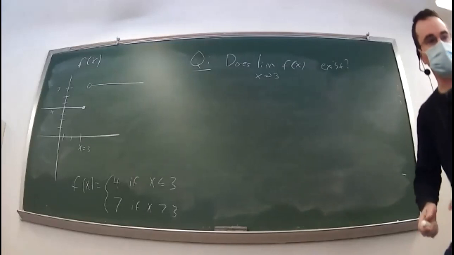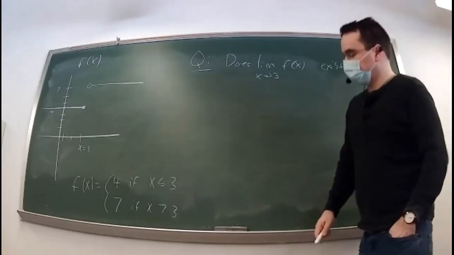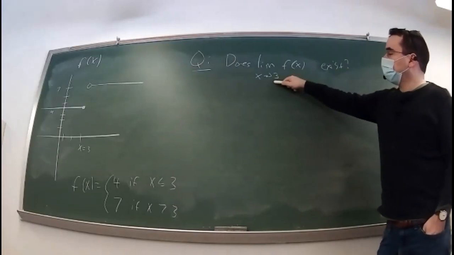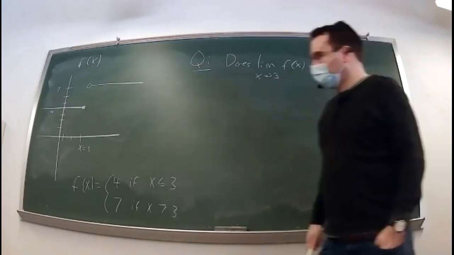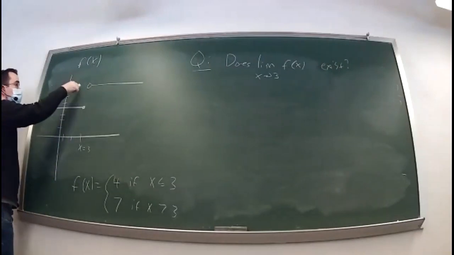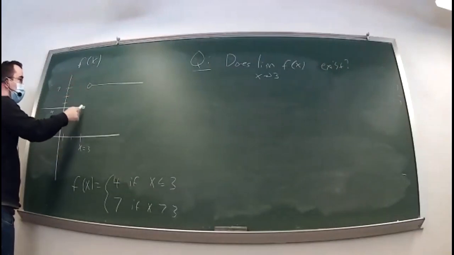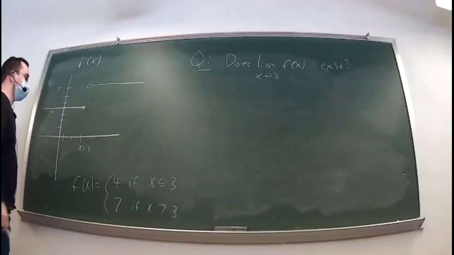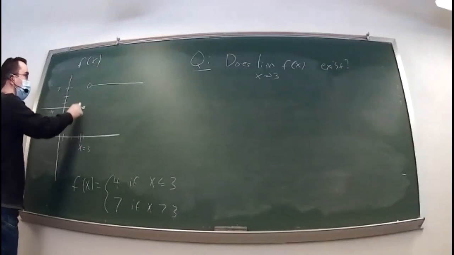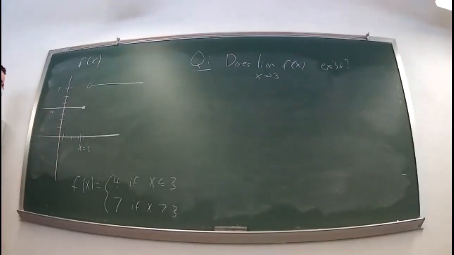Okay, so I'll do a discussion of this. What I'm thinking is I have to go back and try to remember the definition of limit. The definition of limit is to say that the limit of some function is equal to a number L if it's true that whenever your x value is close to 3, your y values are close to that number.